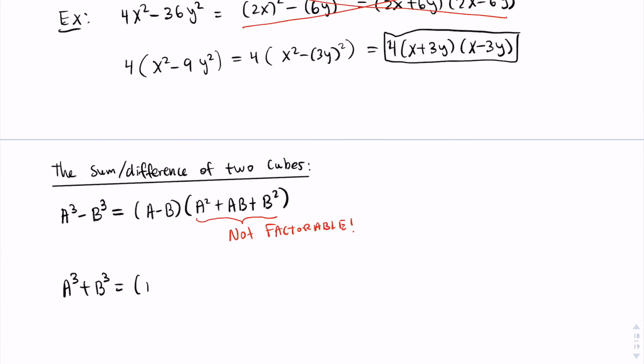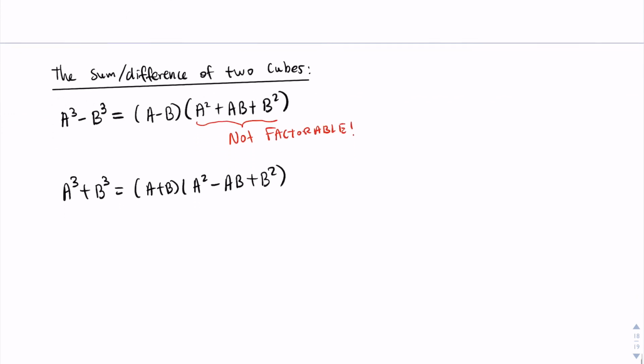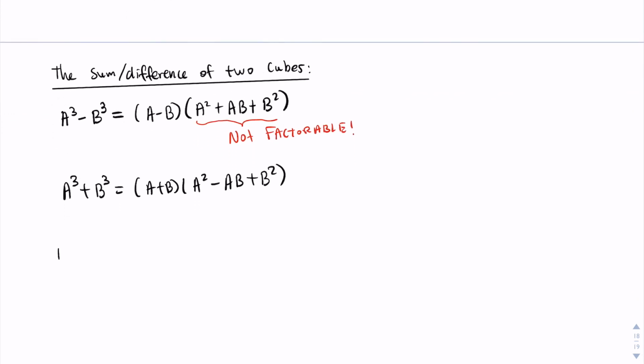What about this? This will be a plus b times a squared minus ab plus b squared. Let me give you 2 examples for that to see how it will go. The first example, say we have x to the 3rd power minus 1, x cubed minus 1.